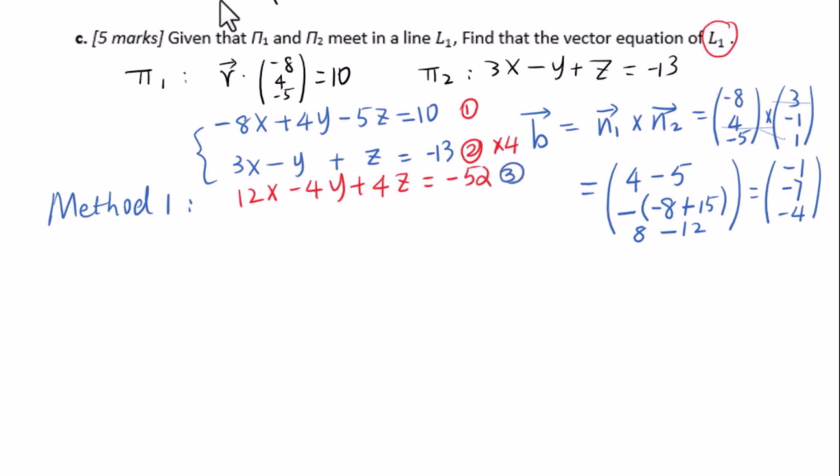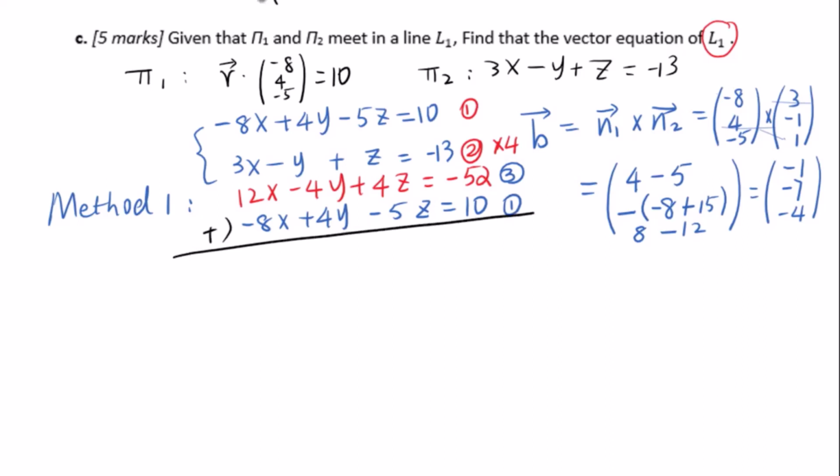Label this the third equation. First equation, negative 8x plus 4y minus 5z equals 10. Let's add these two equations together so that we can cancel negative 4y and a positive 4y. 4x minus z equals negative 42.